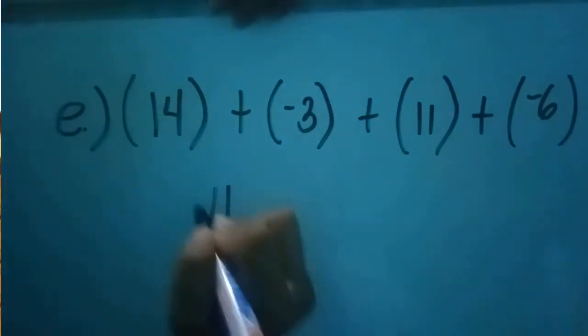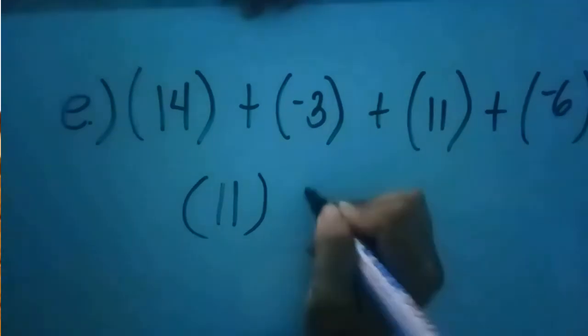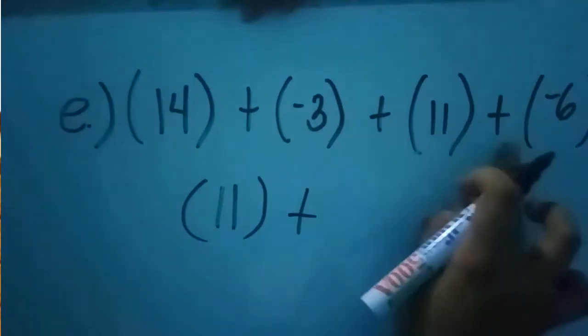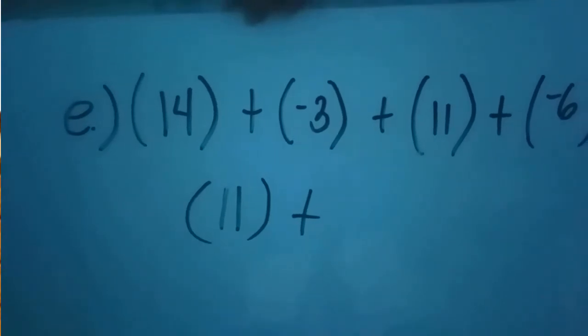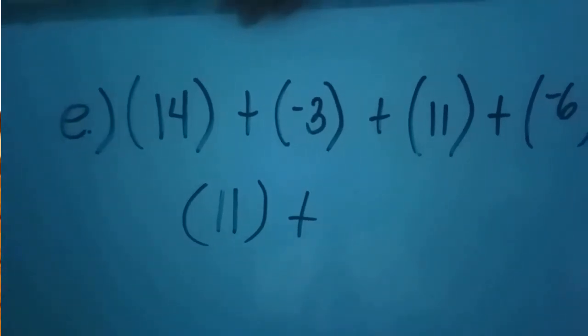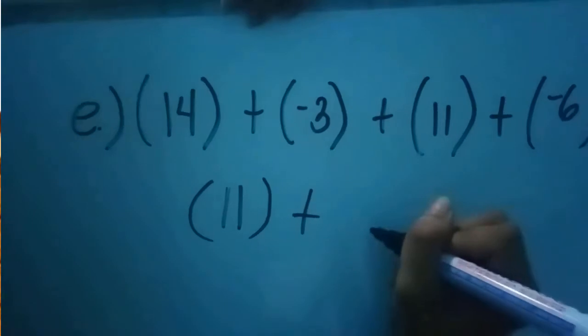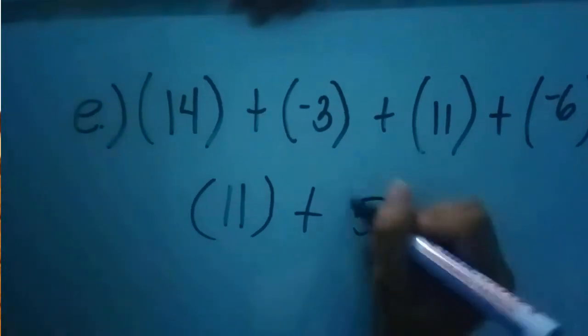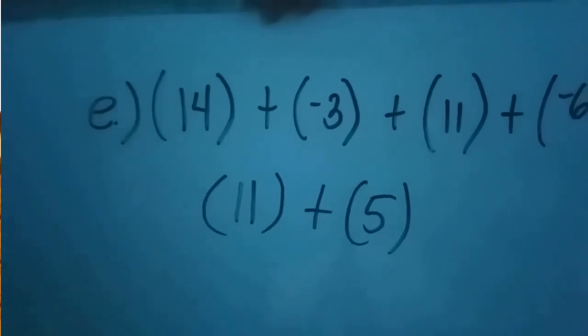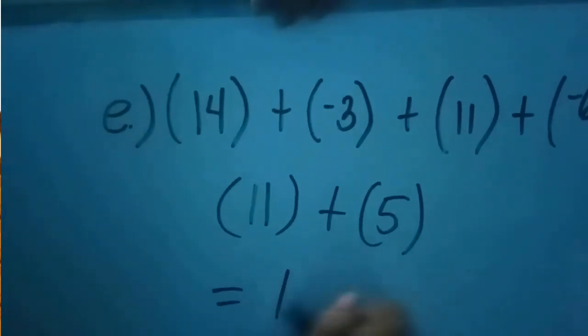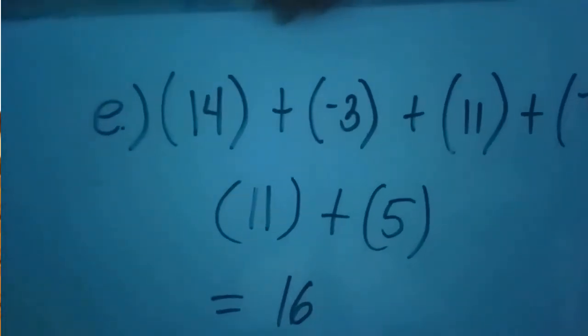We have positive. Then 11 plus negative 6 is unlike signs. So we're going to subtract them. 11 plus negative 6 is 5. Then let us add 11 plus 5, which is equal to positive 16.